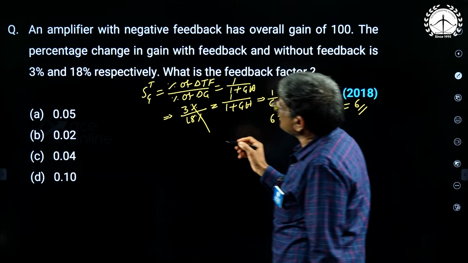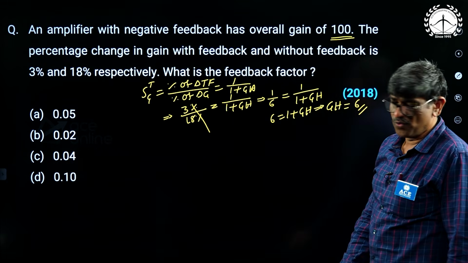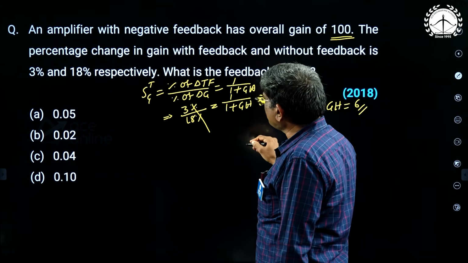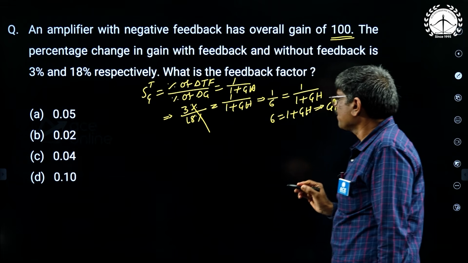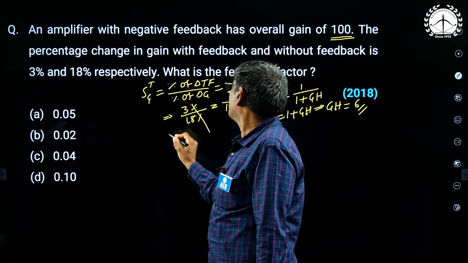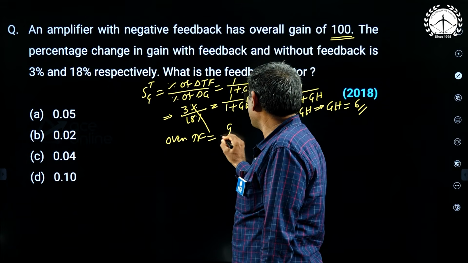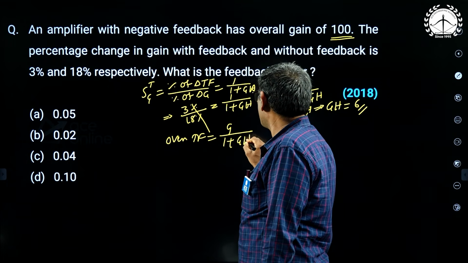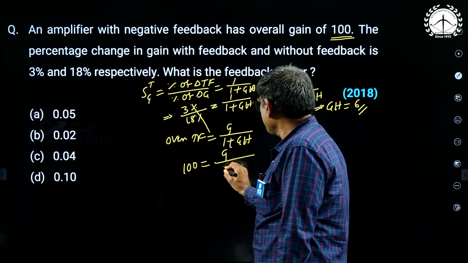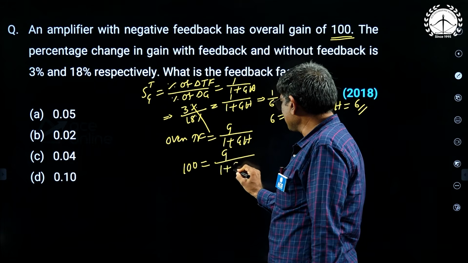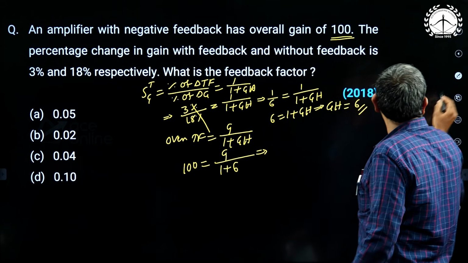But here they gave an amplifier with overall gain. It didn't give the open loop gain. Overall gain is given, and to find the feedback factor I need G, the open loop gain. So use the overall transfer function, G/(1 + GH). The overall gain is 100, so 100 equals G/(1 + GH).